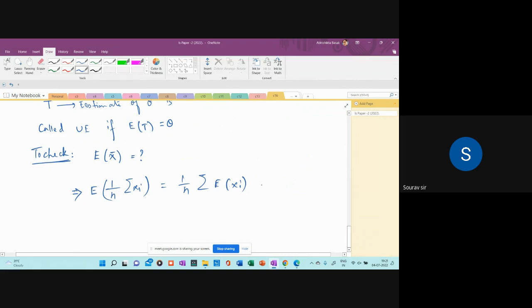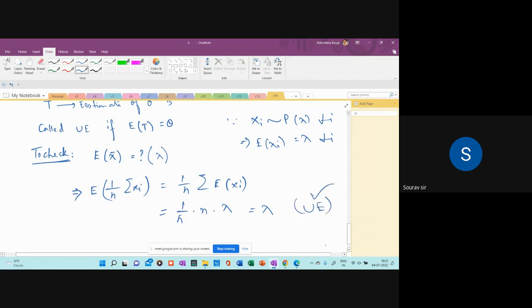The expectation can go inside by the additive property of expectation, and since this is an IID random sample, it gives 1 by n into lambda. Since xi follows Poisson lambda for all i, expectation of xi is equal to lambda for all i. So hence it is an unbiased estimator.